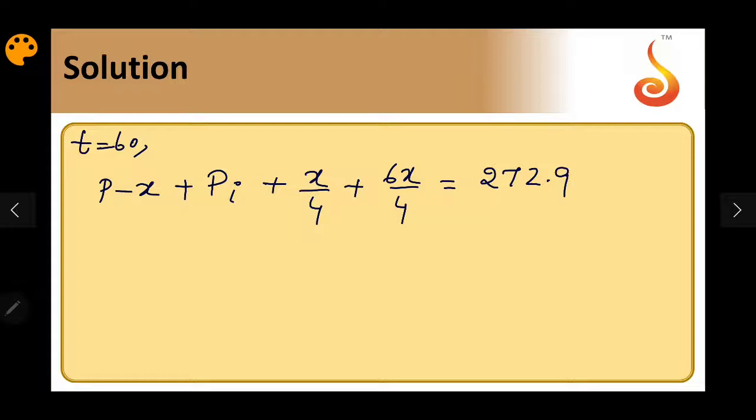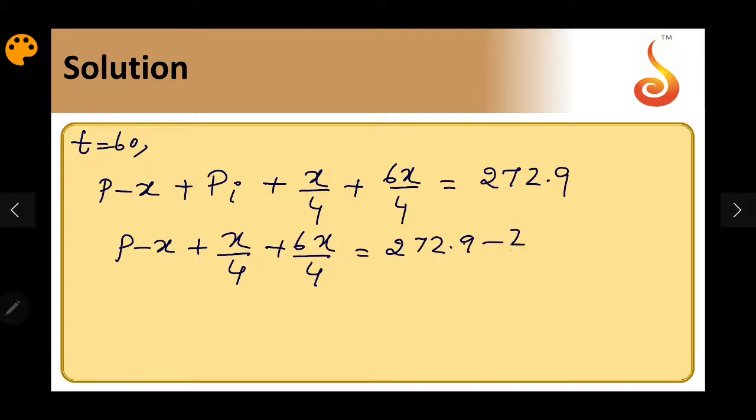So if you simplify, I know Pi, I know P, I will take it out that side. If I take Pi outside, I get P minus x plus x by 4 plus 6x by 4 is equal to 272.9 minus 243.8. This comes to 29.1.